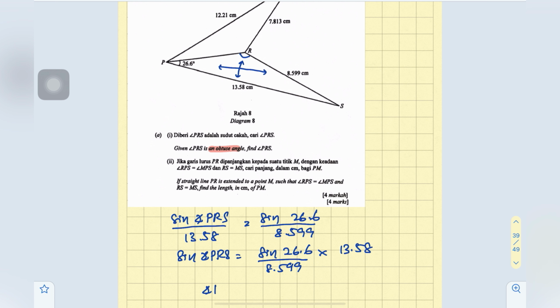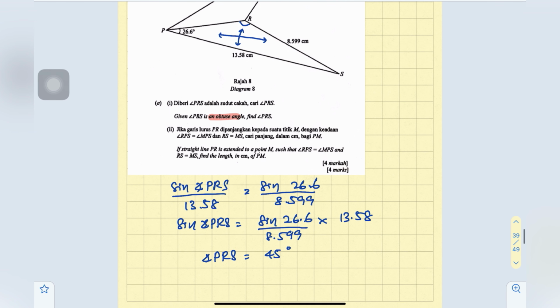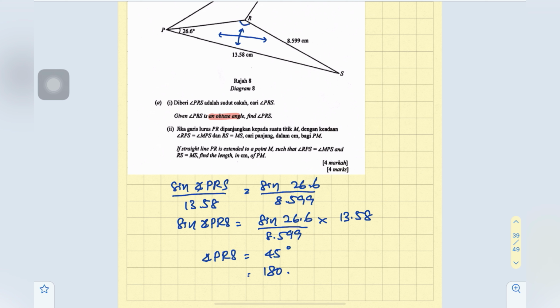Okay, so angle PRS equals to 45 degree. Okay, just now dia kata angle PRS is obtuse. So kena tolak 180 lah. 180 minus 45 equals to 135 degree. Okay, so this is A1. A2.